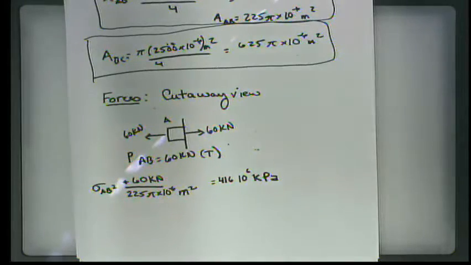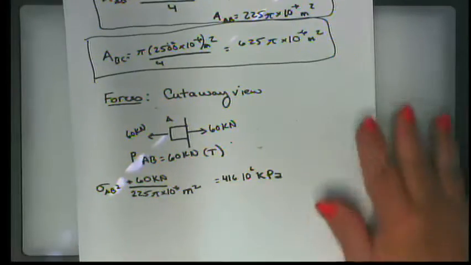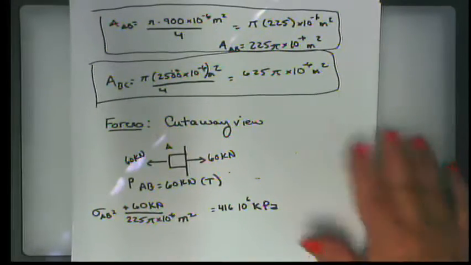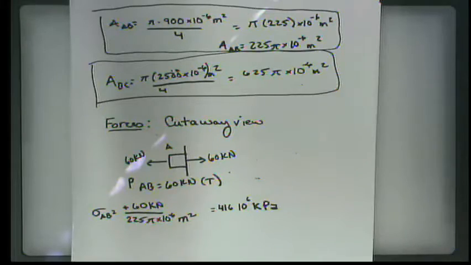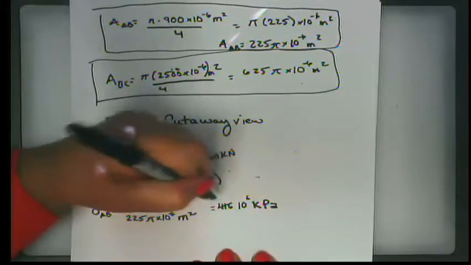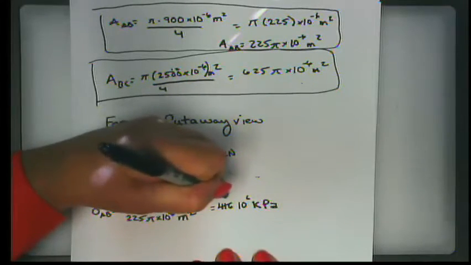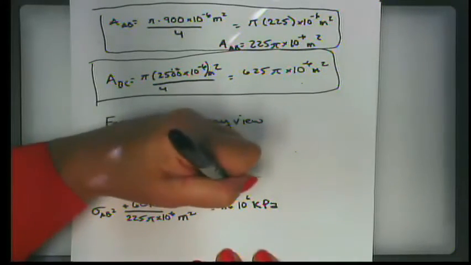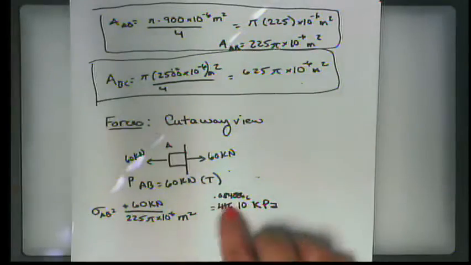Clear it up. So 60 divided by 225 divided again by pi. That's better. 0.08488 times 10 to the 6th.